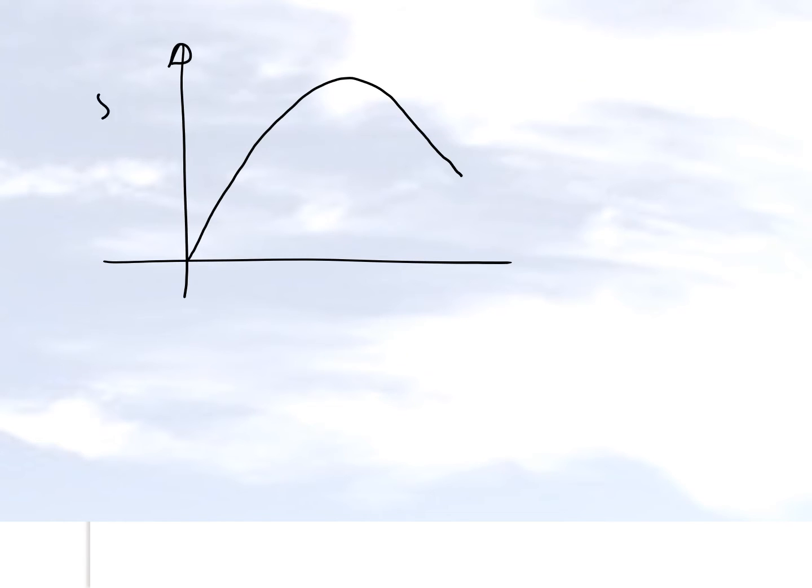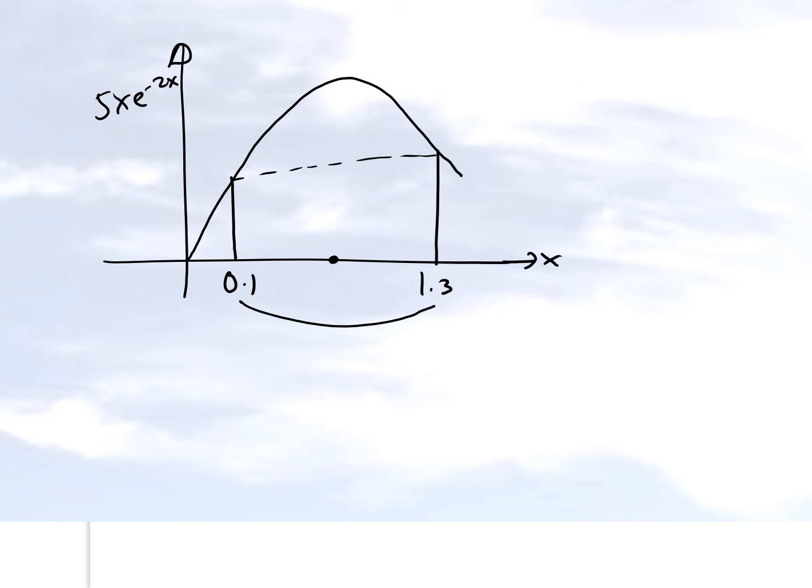So the way we can make it better, we can say, okay, hey, this is 5x e to the power minus 2x as a function of x. We want to integrate from 0.1 to 1.3. So what we can do is, rather than just using one trapezoid, we can break it up into two equal segments. So this will be 0.1 to 1.3.